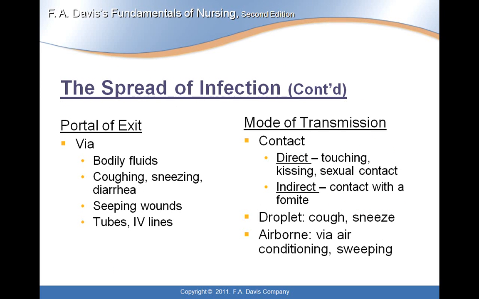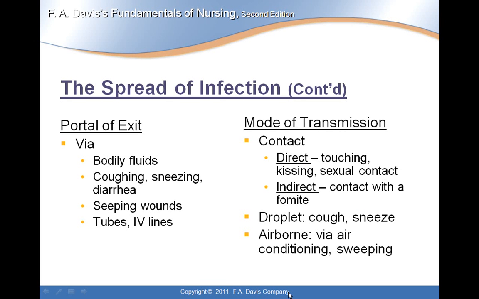Also, when we talk about the spread of infection, we have a portal of exit. How is that material leaving? Again, the portal of exit is how the infectious agent leaves the reservoir.